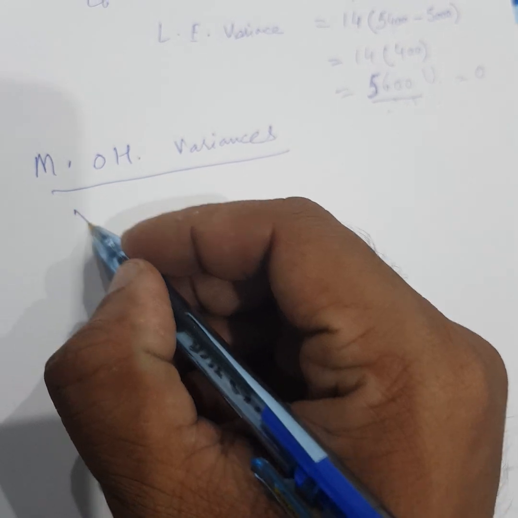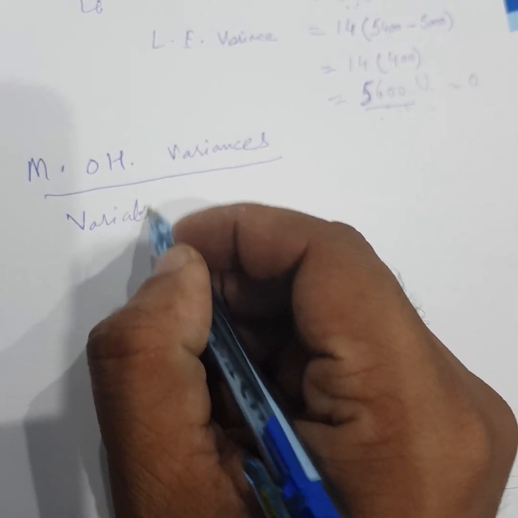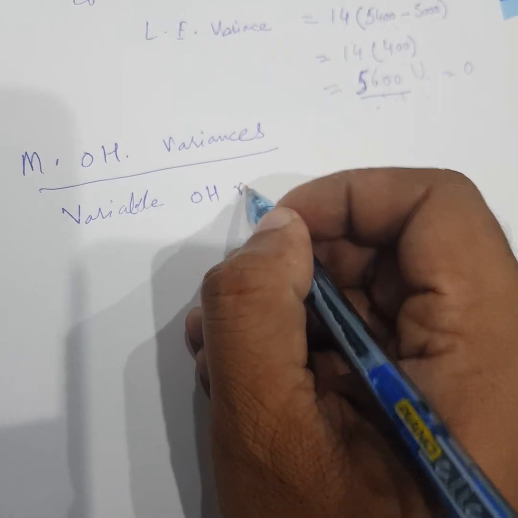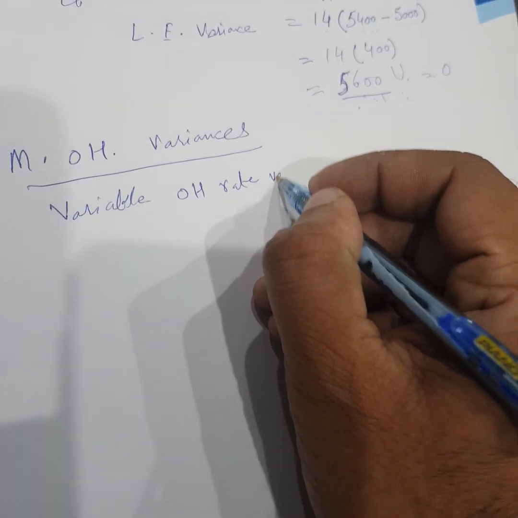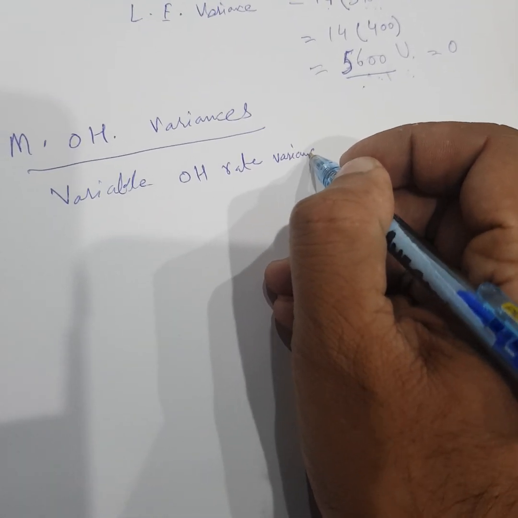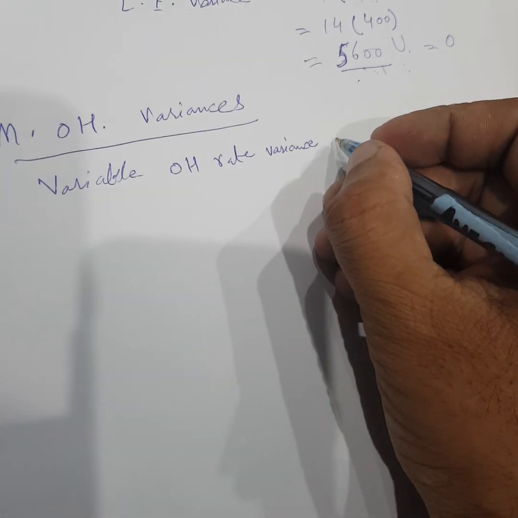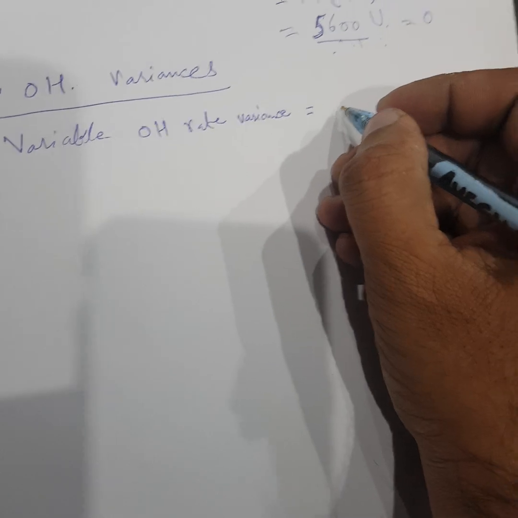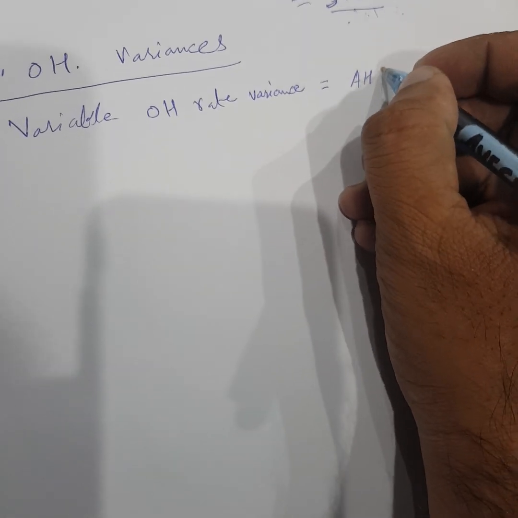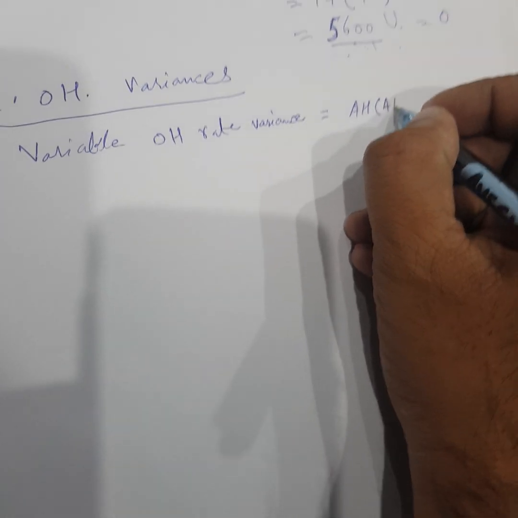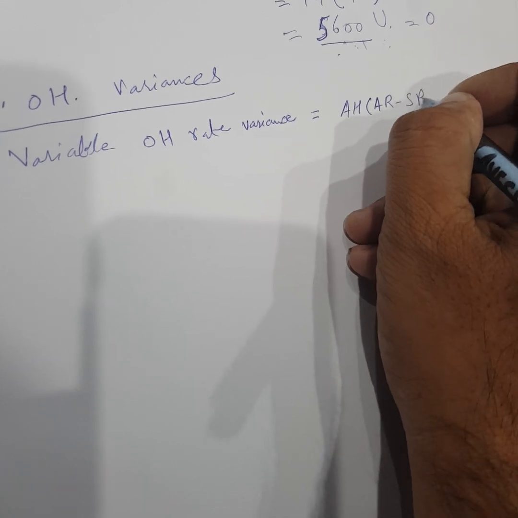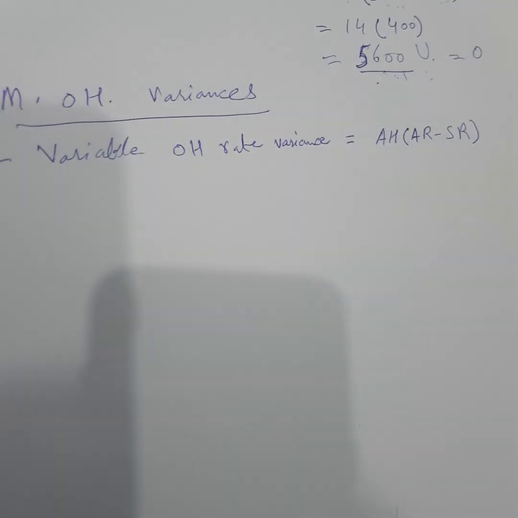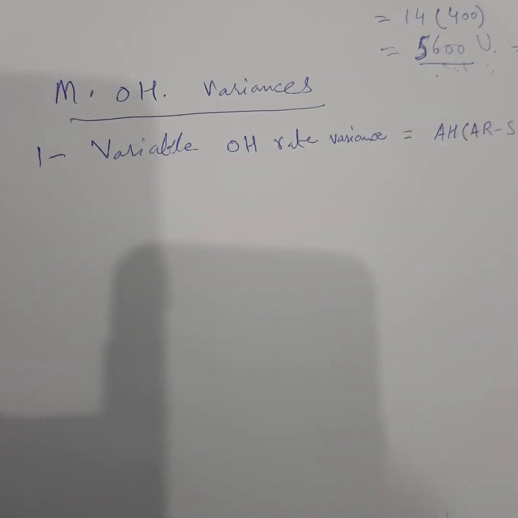The first one is variable overhead rate variance, that is equal to actual hours into actual rate minus standard rate. This is our first part to calculate the manufacturing overhead variance.